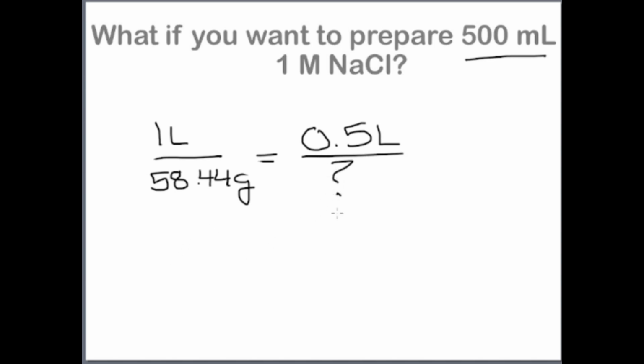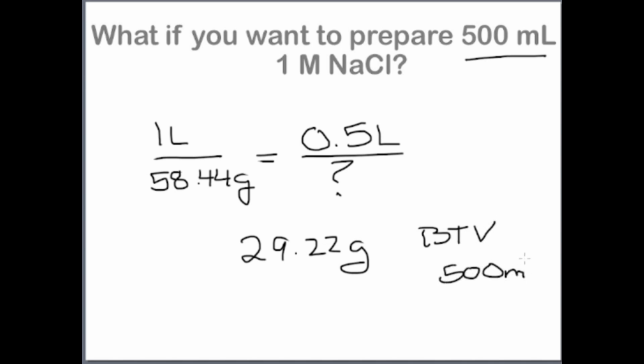And again, if you do the arithmetic, you would find that question mark equals 29.22 grams. So that's how much you'd weigh out, and you'd bring it to a volume of 500 mils. Okay, so we're using proportions as a method to do these calculations.